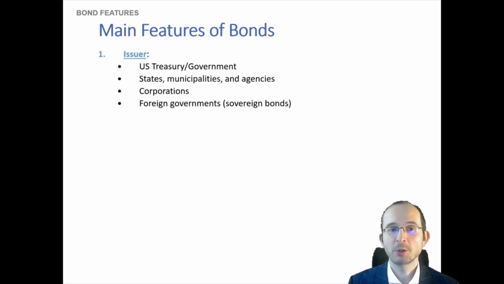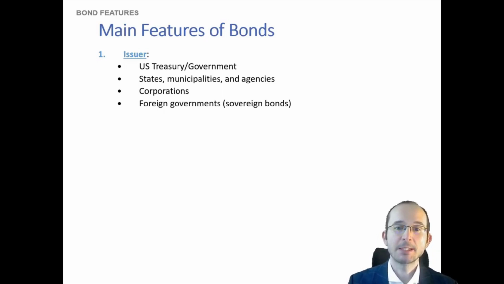So who issues bonds? Well, we talked about in our prior discussion how some of them are issued by the US government, some by municipalities, states and government agencies, but also by private companies and by other countries, by foreign governments, those we call sovereign bonds.